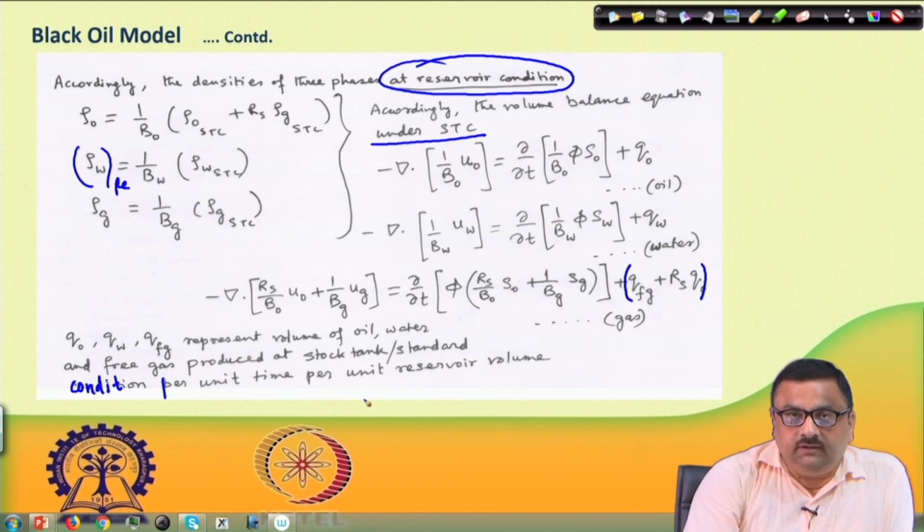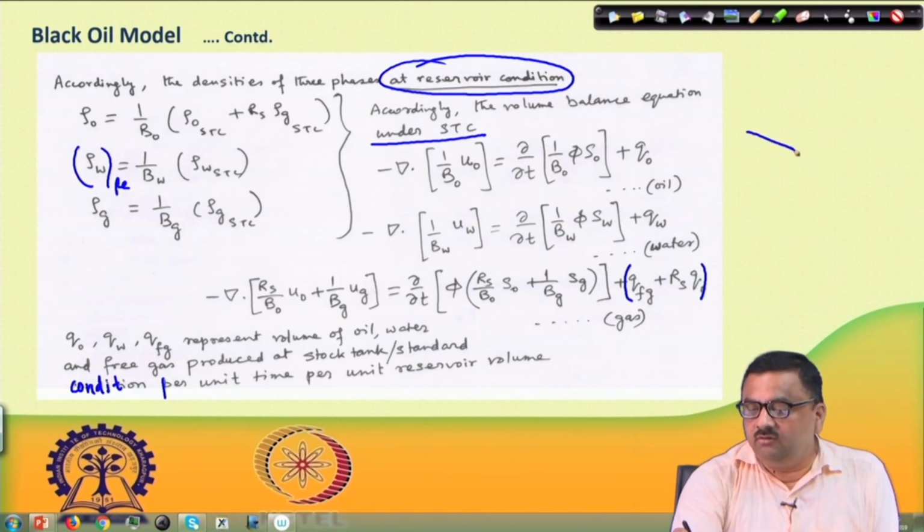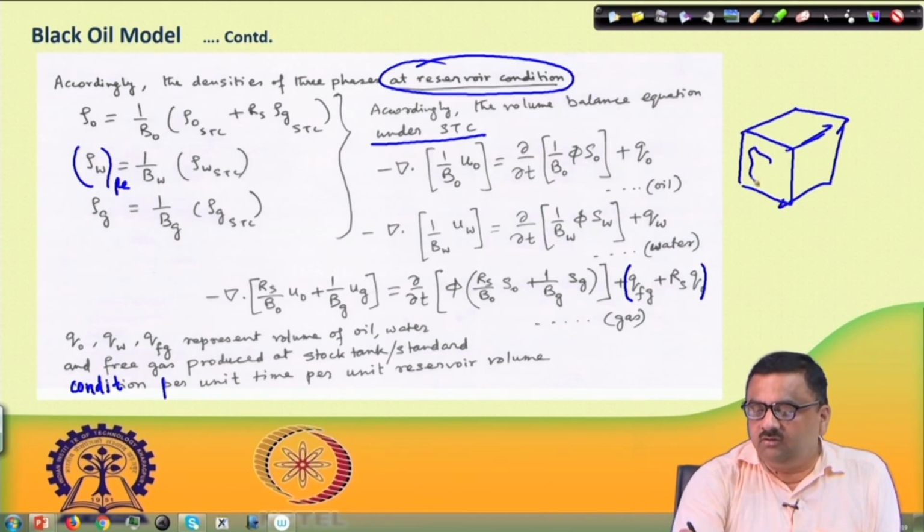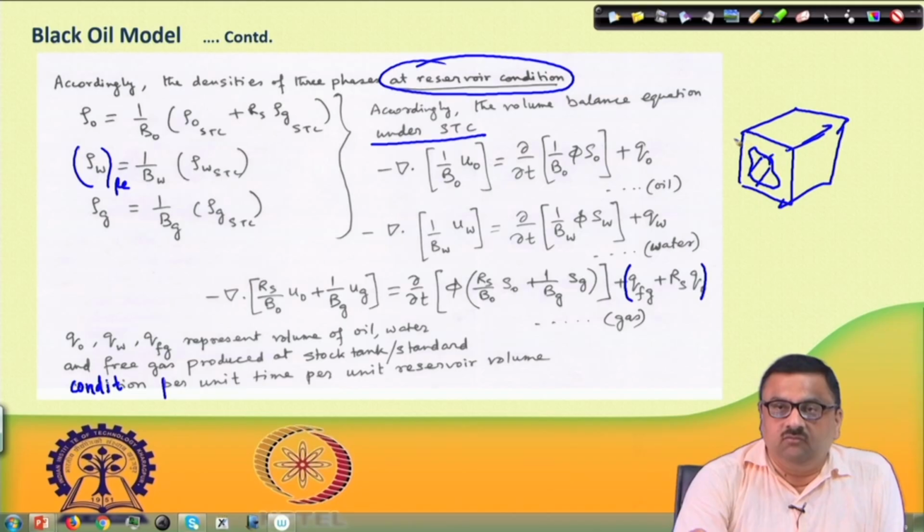So, volume withdrawn from the system: when we draw a differential element, we talk about a pore space here, and this pore space we have now separated into three compartments. One is SO, another is SW, another is SG.